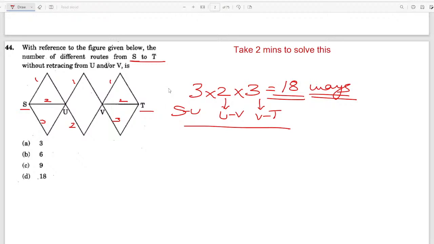Is this clear? If you have any doubts, please ask. If things are clear, I will move to the next question. If it's not clear, people who have got other options like B and C, you may ask your doubts.